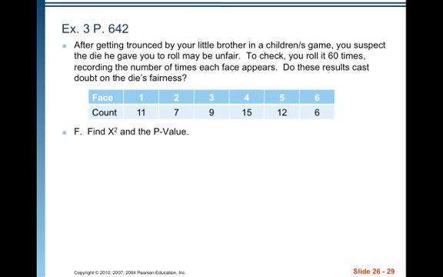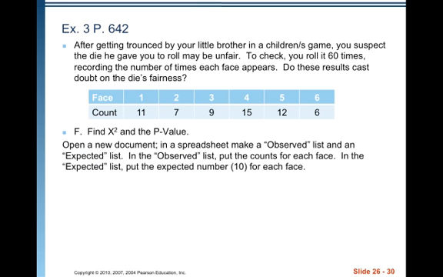We're going to find chi-squared and the p-value. Okay, so we want to do this in our calculator. So you're going to open a new document in a spreadsheet, make an observed list and an expected list. In the observed list, put the counts for each face. In the expected list, put the expected number 10 for each face.